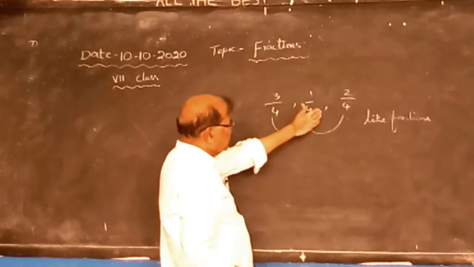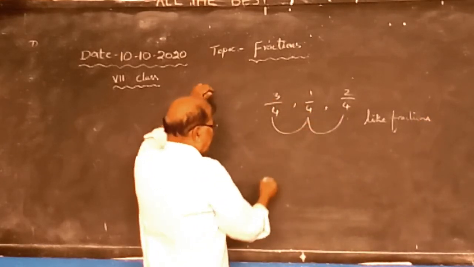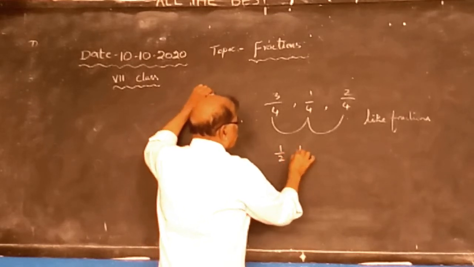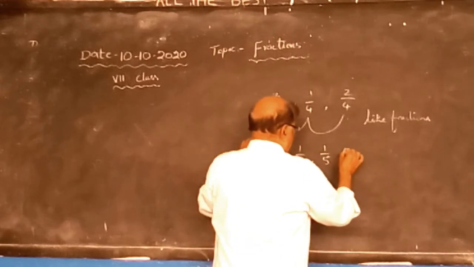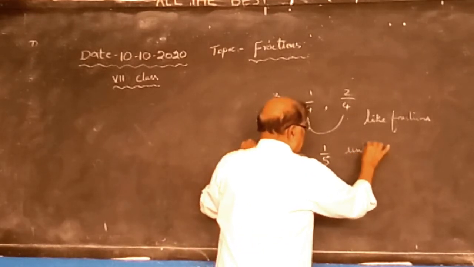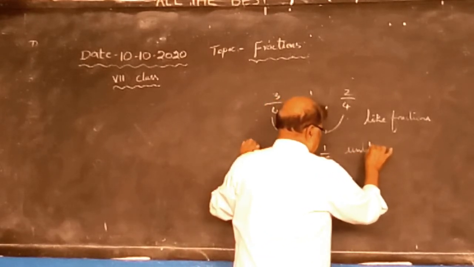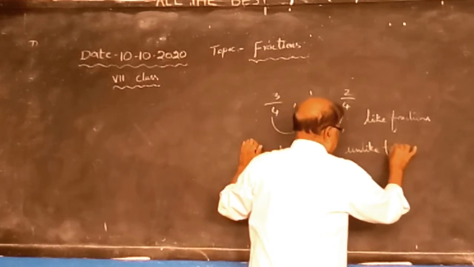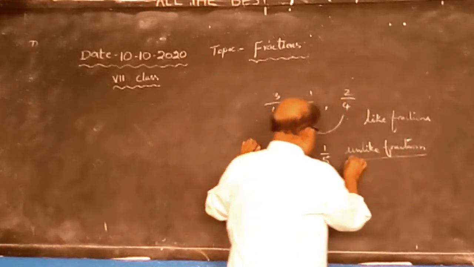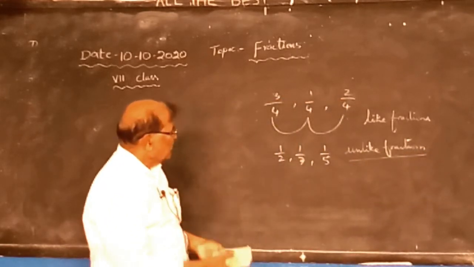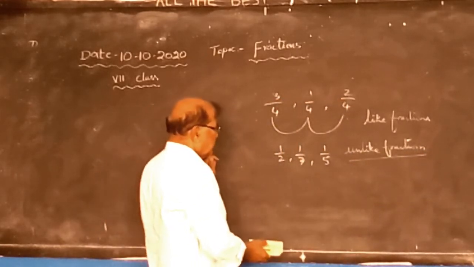If the denominators are different, say 1 by 2, 1 by 7, 1 by 5, then they are unlike fractions.